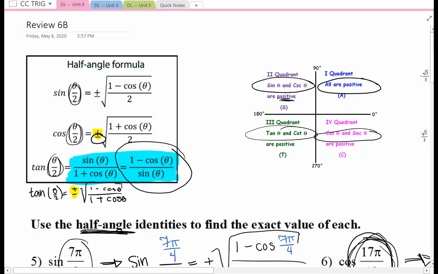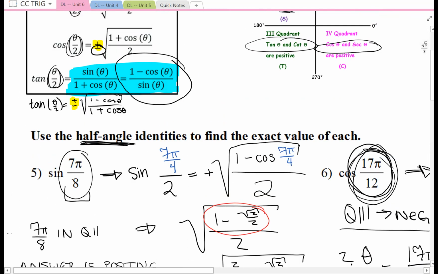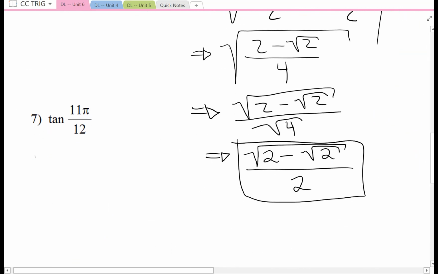I don't want big fractions and square roots that are even more complicated than the sine and cosine ones. So the formula I'm going to use is 1 minus cosine theta over sine theta.